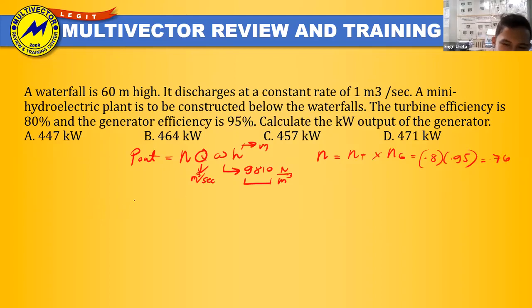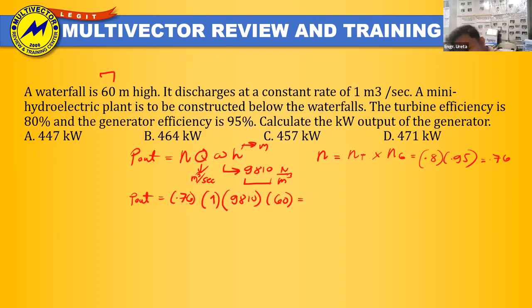So the formula for the output power is the efficiency, 0.76, times Q. Was a volumetric flow rate given in cubic meters per second? Yes, 1 cubic meter per second. Gamma is 9810 and the height is 60 meters. The answer will come out in watts, of course.